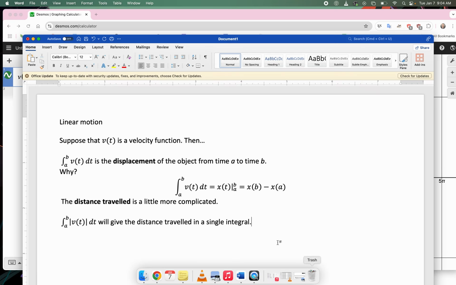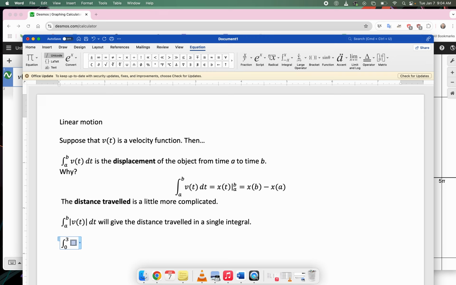So you could say, oh, the distance traveled is going to be the integral from 0 to 3 of the absolute value of whatever the velocity function is. I forget what it was, right? You could do that, but the problem is you're not going to be able to find an antiderivative of this function because of the absolute value bars. They mess it up.